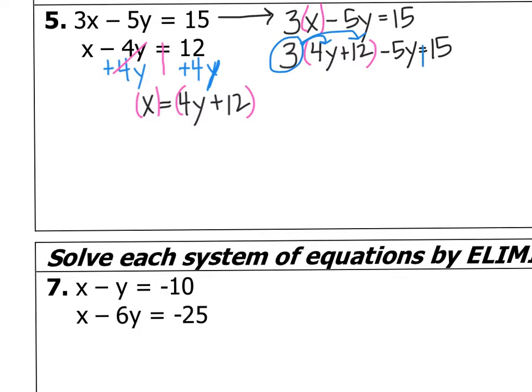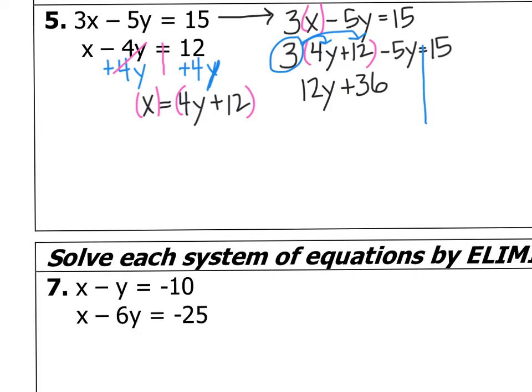I am going to multiply 3 times 4y to get 12y. Then I'm going to multiply 3 times 12 to get positive 36. Remember, positives turn into pluses, just like negatives turn into minuses.